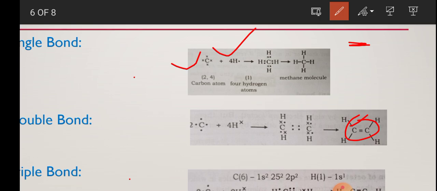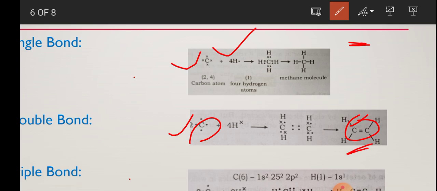Here carbon has 4 electrons in its outermost shell, and two electrons of carbon share with another 2 electrons of the other carbon and form this double bond.